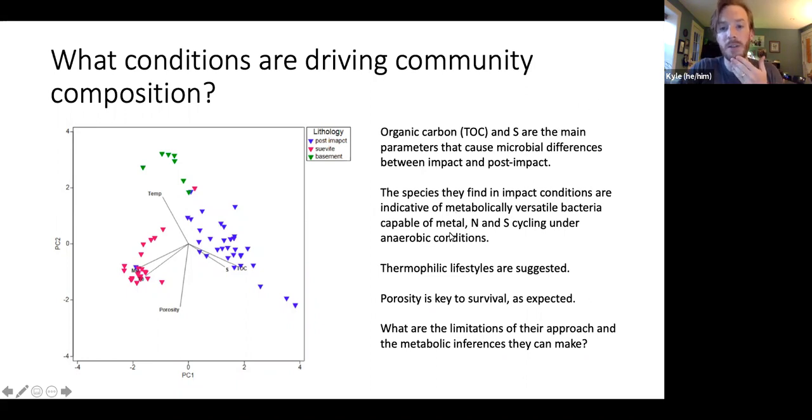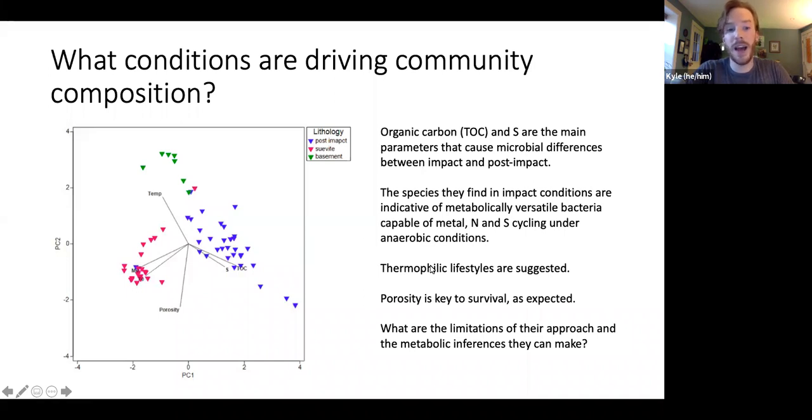And they also found that the conditions that are there, higher concentrations of iron and manganese and heavy metals, are indicative of metabolically versatile bacteria who are able to use these metals and cycle nitrogen and sulfur under the anaerobic conditions that are there.